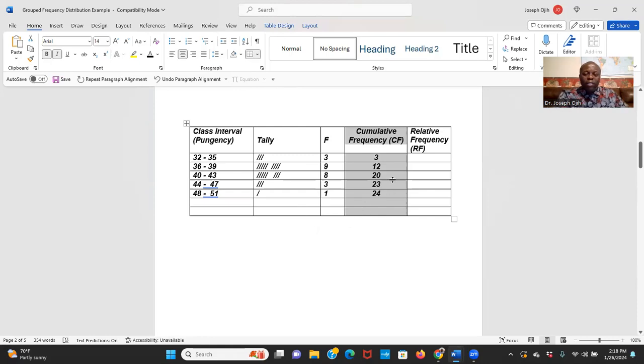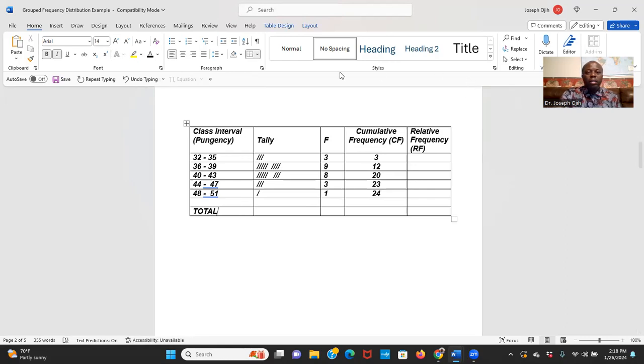All right, let's see if our cumulative frequency is correct. To get the total frequency, we add all the numbers. So let me write them down so we can add them and get our total frequency: 3, 9, 8, 3, and 1.